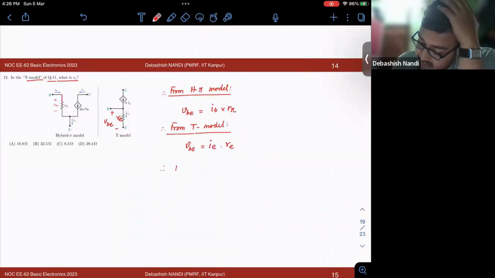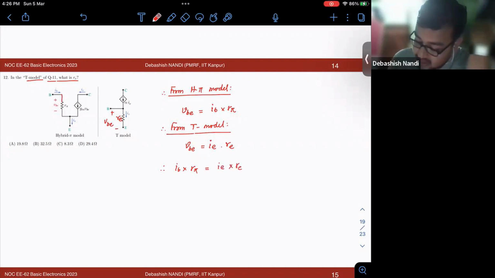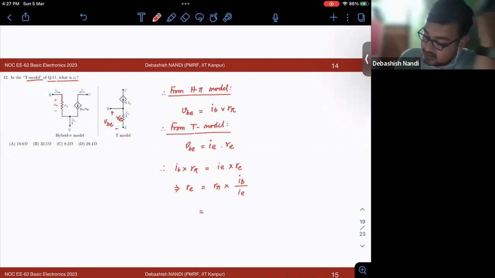So your IB into R pi is equal to IE into RE because both models are equivalent, right? So your RE would be R pi into IB over IE. That is R pi into, we can assume that IE is almost equal to IC.